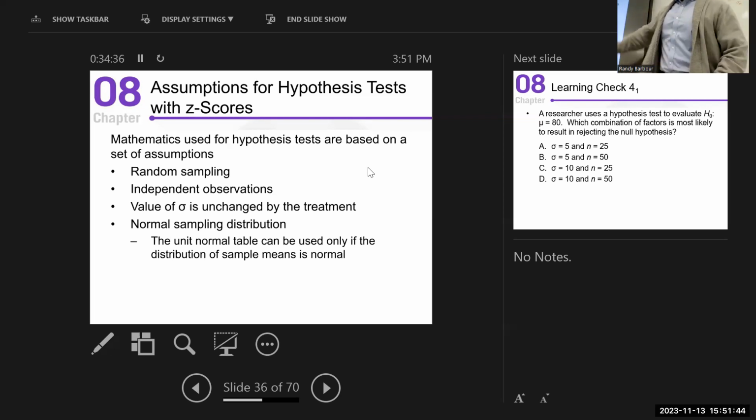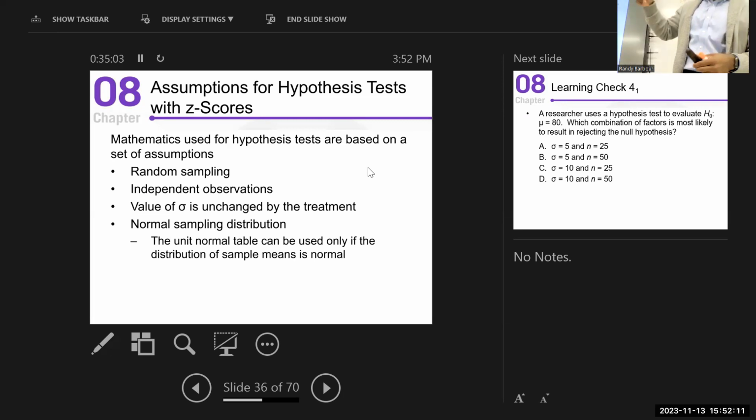The next thing is that the value of the standard deviation is unchanged by the treatment. Meaning there should be no change in the variability based on the treatment or the treatment effect. And then the last one is normality, that the samples come from a normal sampling distribution.